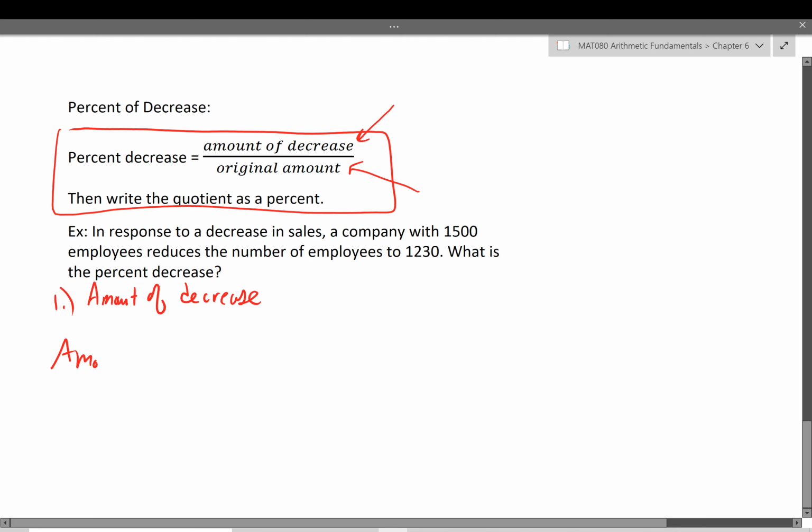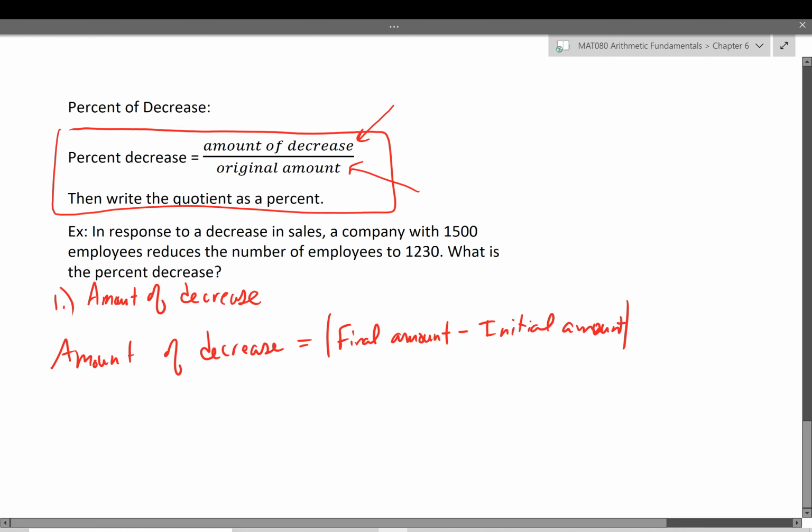The amount of decrease is going to equal the absolute value of the final amount minus the initial amount.